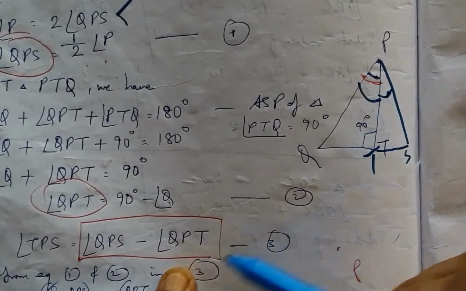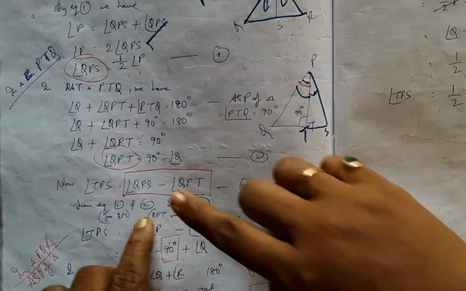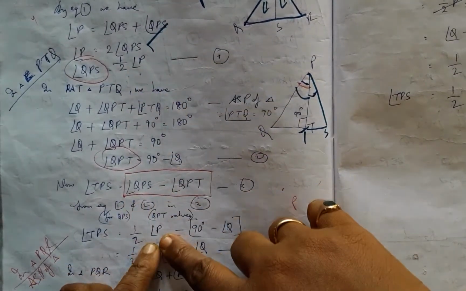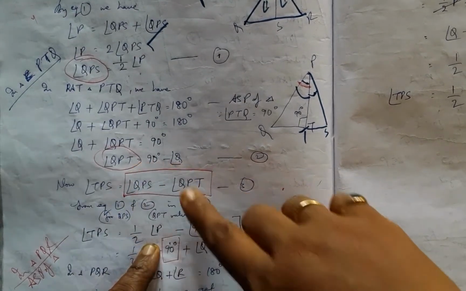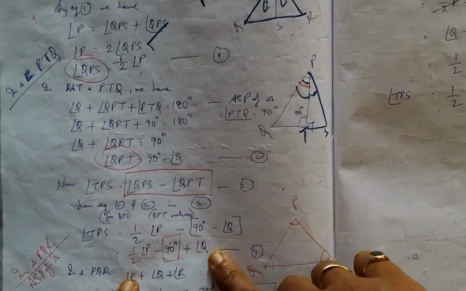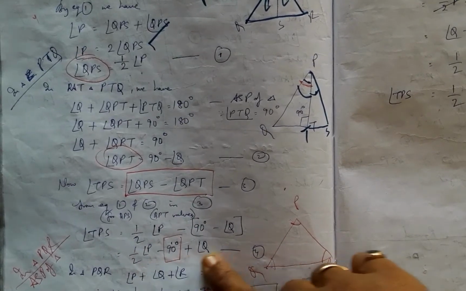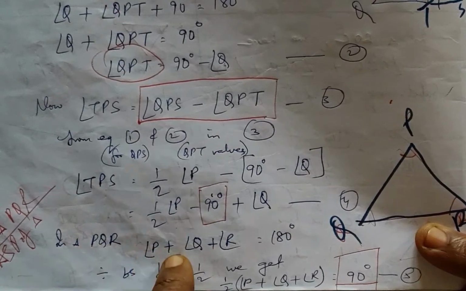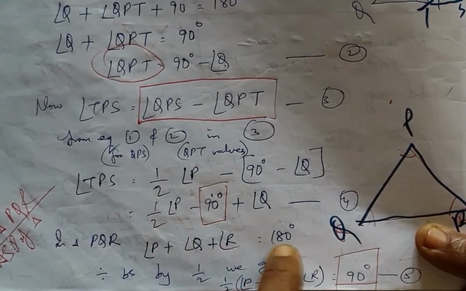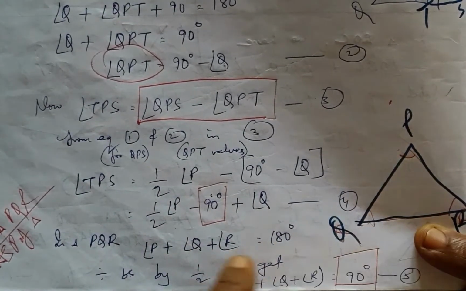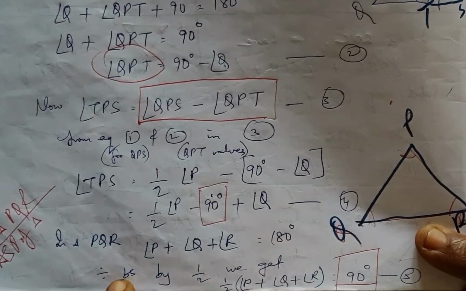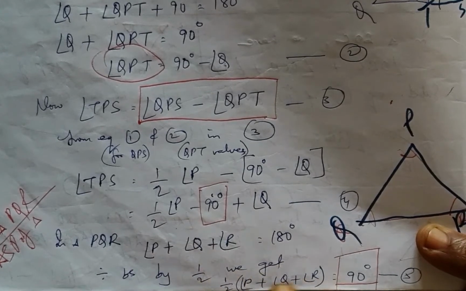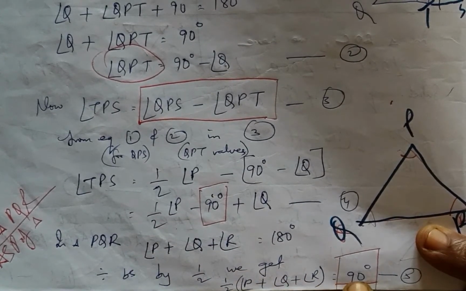I am eliminating it, you see. I have already arrived at QPS value as half P, which I have substituted, and QPT value as this. Applying this, I have arrived at this equation. From triangle PQR, once again I apply the angle sum property, stating that these 3 angles sum up to 180, and by dividing both sides by half, I have half of P plus Q plus R is 90.